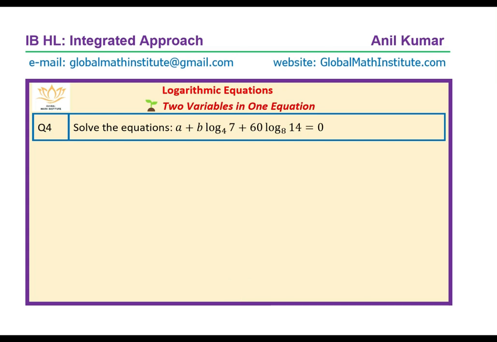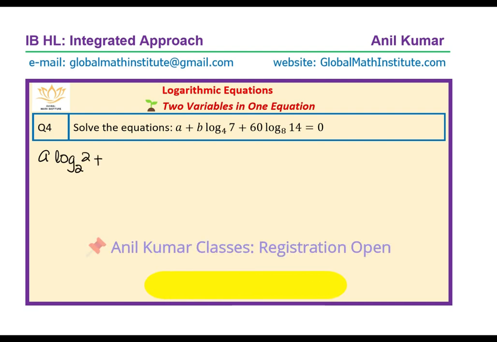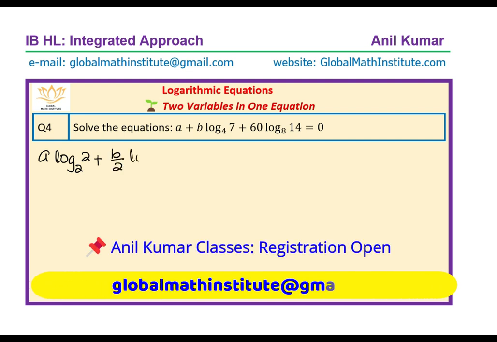So instead of a, I'm writing a times log to the base 2 of 2, plus b over 2 log to the base 2 of 7, plus 60 divided by 3 was 20, so we have 20 times log to the base 2 of 7 plus log to the base 2 of 2.